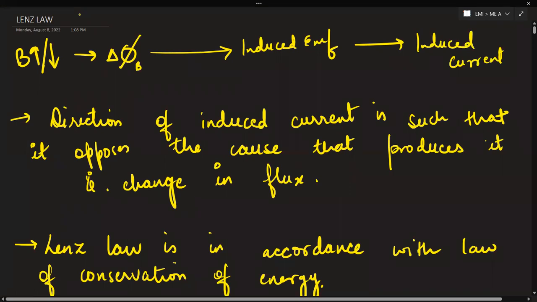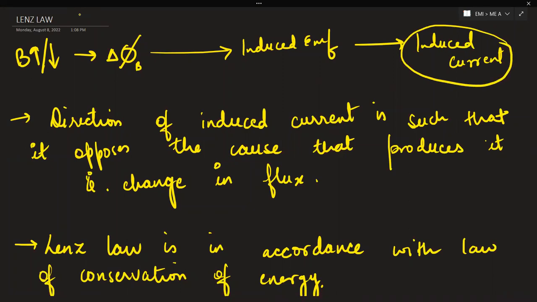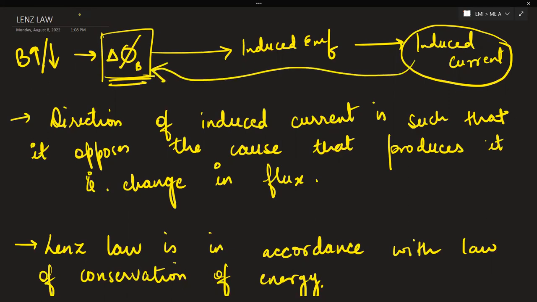Now, induced current does what? It arranges its direction in such a manner that it has to oppose its cause. Now, what was the cause of induced current? Induced current's cause was change in flux. This was the cause of induced current. So the direction of induced current will be in such a manner to oppose this. If flux is increasing, let's take the example, flux is increasing.